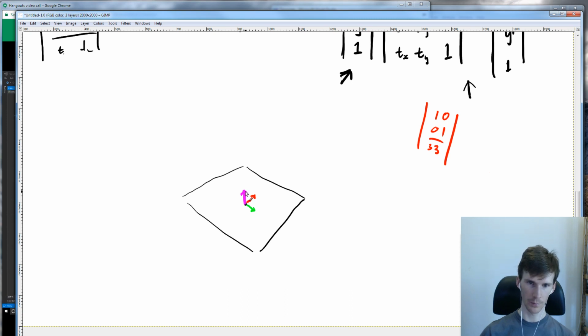And if we look at our basis vector, 1 unit on the z is t_x and t_y. So we've gone 3, 1, 2, 3, 1, 2, 3, and we've come up 1. So that's that there.